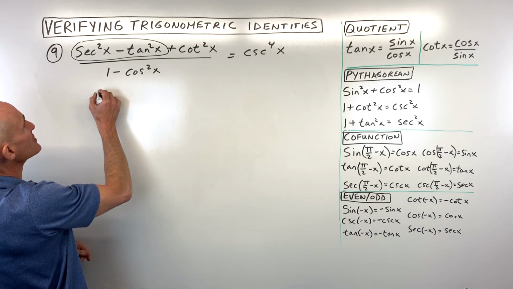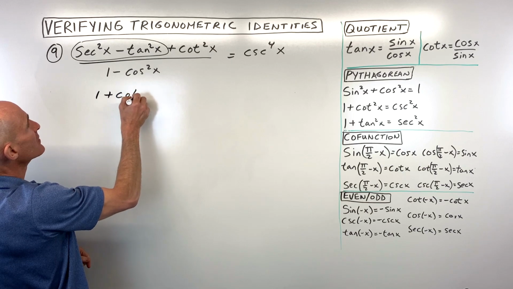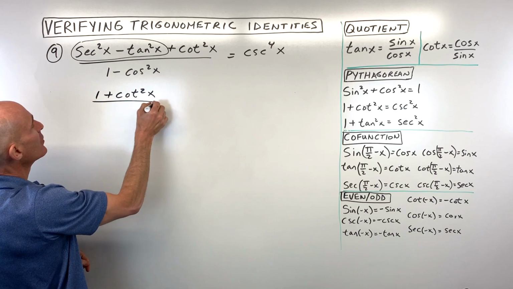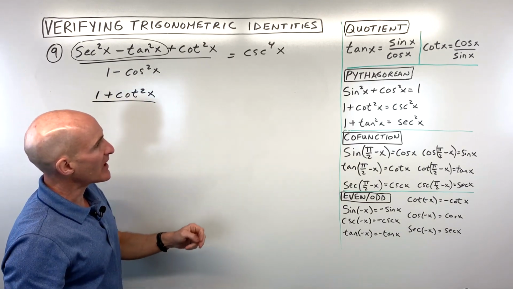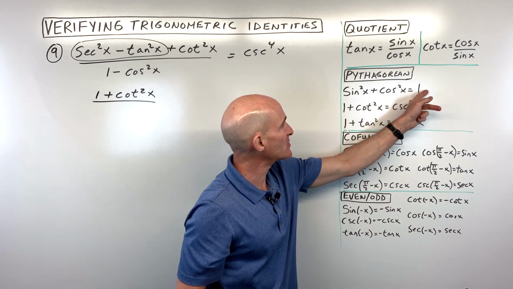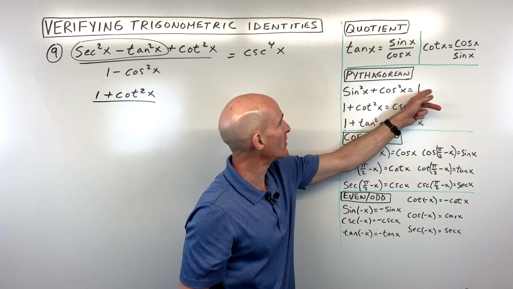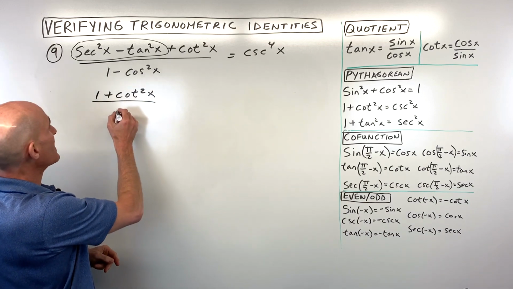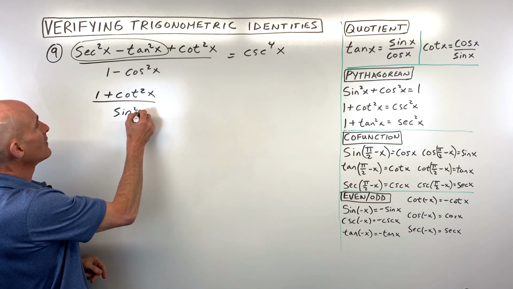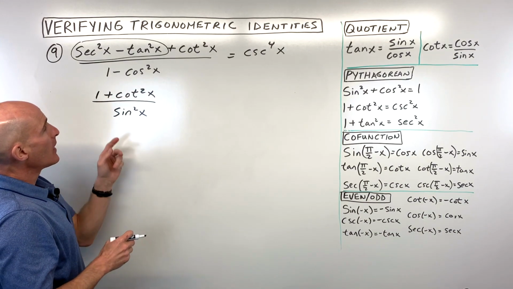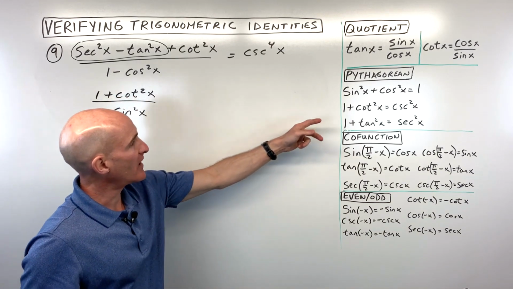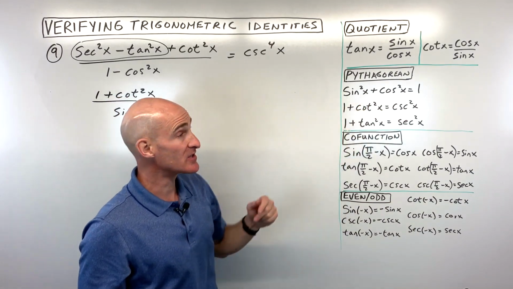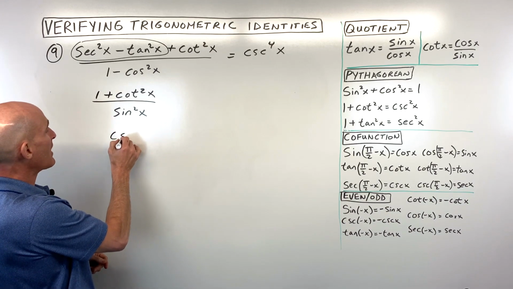So that gives us 1 plus cotangent squared x over 1 minus cosine squared x. Now, 1 minus cosine squared x is going to equal sine squared x. Okay, so it's a little bit more condensed. 1 plus cotangent squared x is equal to cosecant squared x. So another Pythagorean trig identity.